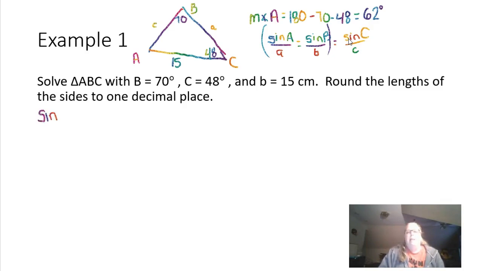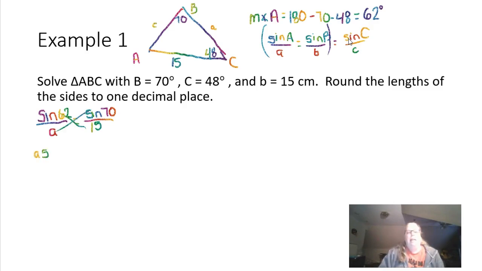Therefore, the sine of the angle A we just found, which was 62, divided by side A, which we're looking for, is equal to the sine of angle B, which they gave me to be 70 degrees, divided by side B, which was 15 centimeters. This is a proportion, so I would cross multiply to solve it.